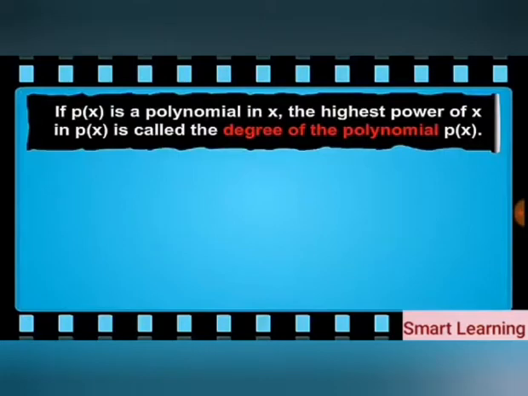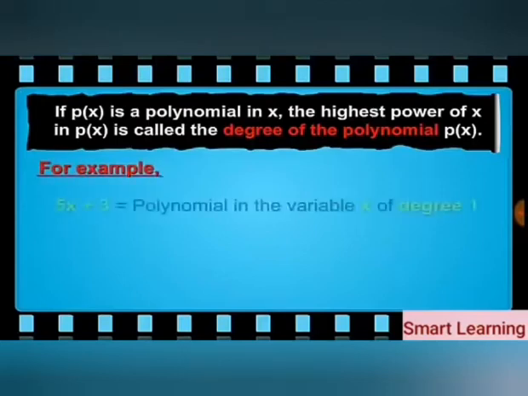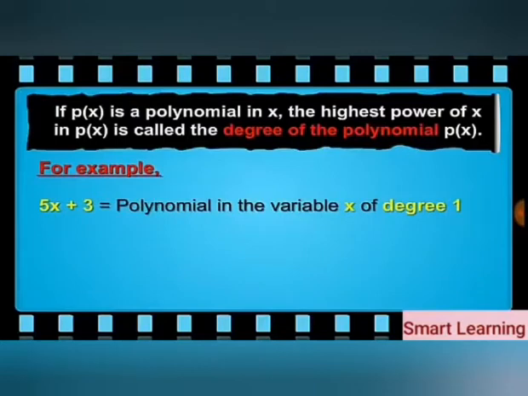Here p of x is a polynomial in x. The highest power of x in p of x is called the degree of the polynomial p of x. Take for example 5x plus 3, which is a polynomial in the variable x of degree 1. Here the highest degree is 1.